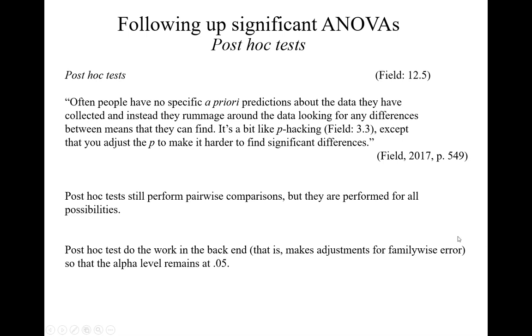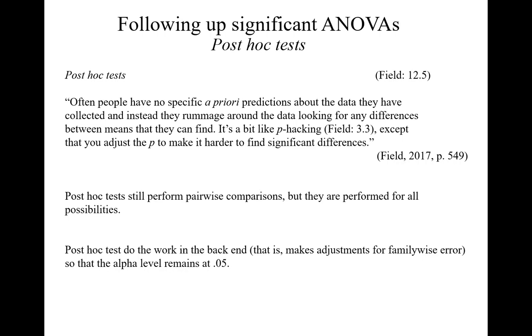Alright, post hoc tests. I think this week's going to be a little bit shorter than previous weeks, so we don't have too much longer to go. Post hoc tests. Often people don't have specific a priori predictions about the data they have collected, and instead they rummage around the data looking for any differences between means that they can find. It's a bit like p-hacking. So p-hacking, if you don't know what that is, is explained in Field section 3.3, except that you adjust the p to make it harder to find significant differences.